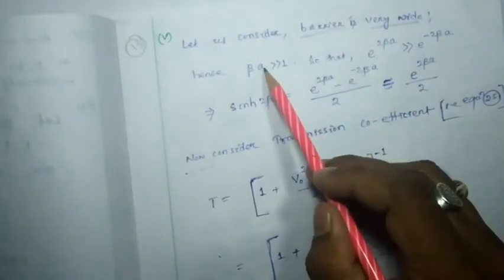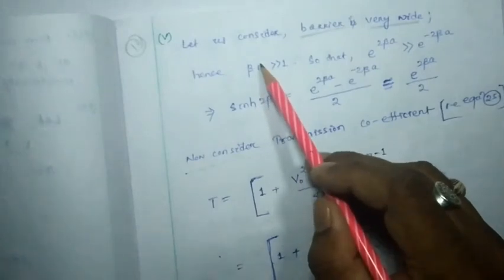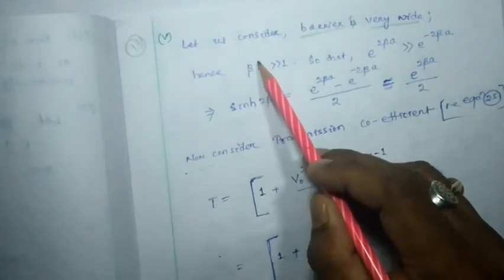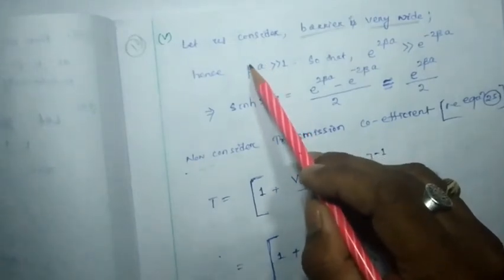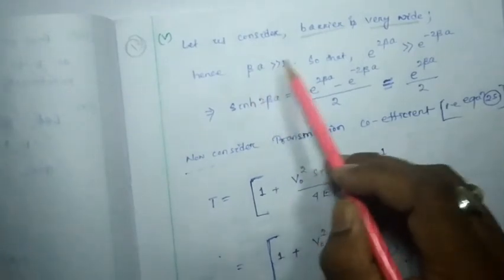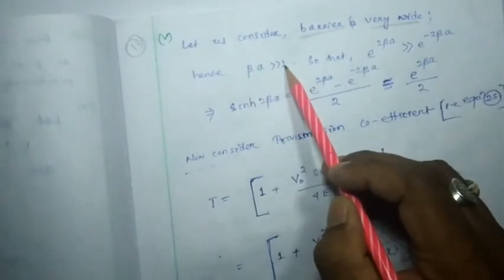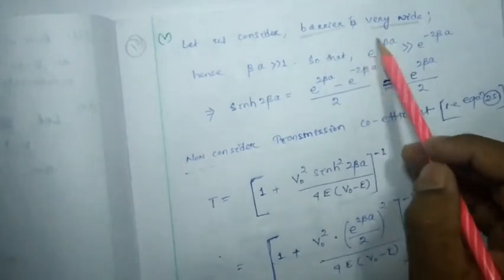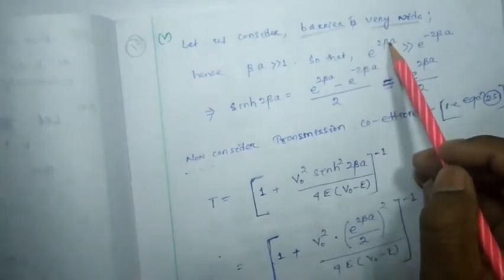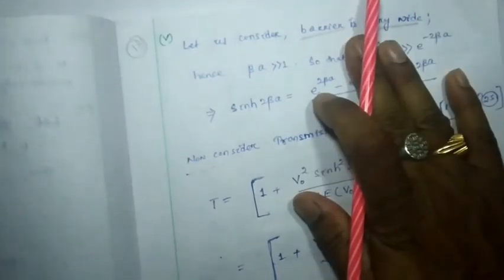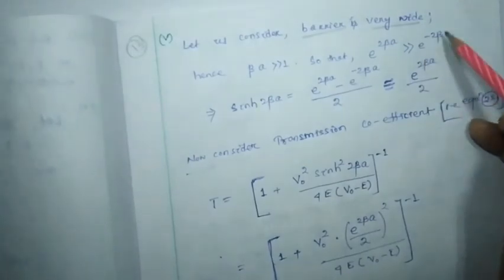Wide barrier means this a is very large. Okay, if this a is very large, β is a constant, so βa is going to be larger as compared with 1, and this e to the power 2βa will be very large as compared with e to the power minus 2βa.